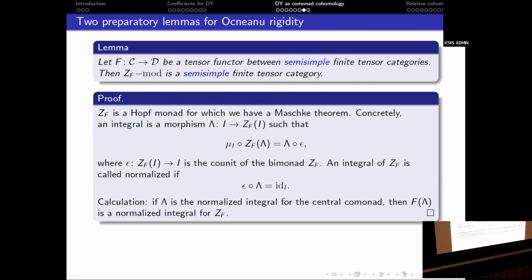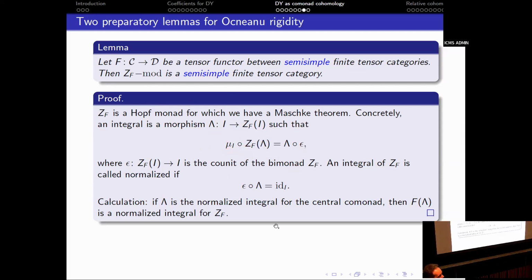Well, we have a Hopf monad, so we will use Hopf algebra technology. There's Maschke, so let's use Maschke. So in this setting, there is also the notion of an integral. It is exactly what you expect. It is a morphism which, if you compose it with the counit, obeys a compatibility with the multiplication.